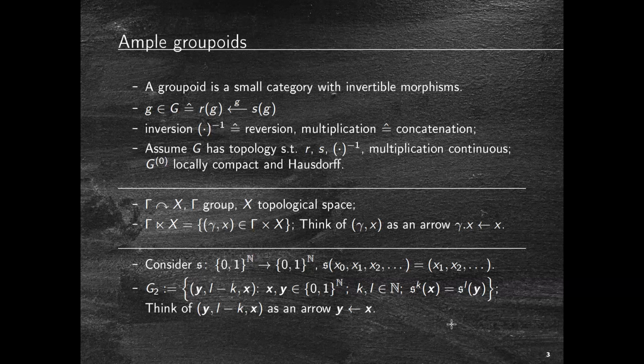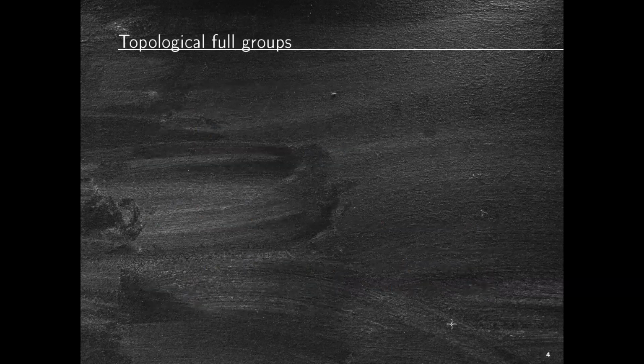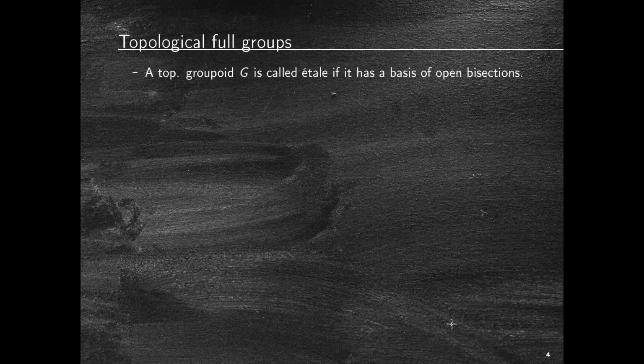Okay, so we've seen now that various dynamics give rise to groupoids, but I would like to take the viewpoint that even general groupoids you can understand as some sort of dynamics. To explain that more, we introduce a few more conditions on the groupoids. So we will look at what are called étale groupoids. These are groupoids which have a basis for the topology of particular subsets, which are called bisections.